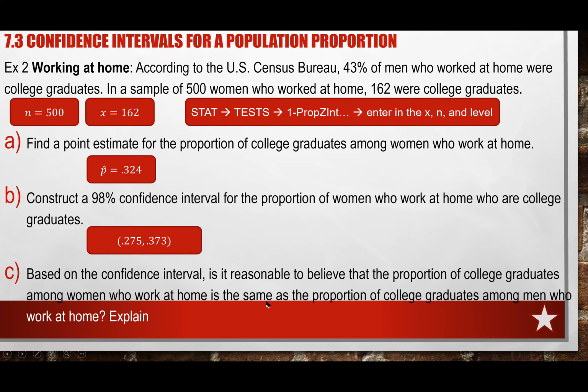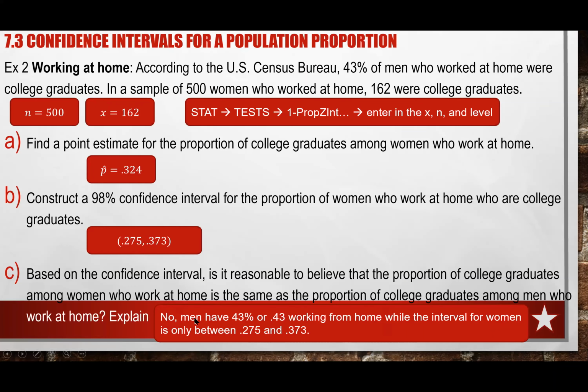Why are they not the same? Well, first of all, the interval that we calculated is between 0.27 and 0.37, so it's between 27% and 37% in that ballpark, right? But the percentage from the Census Bureau is 43%, which is not within this interval. So we say that they are not the same.